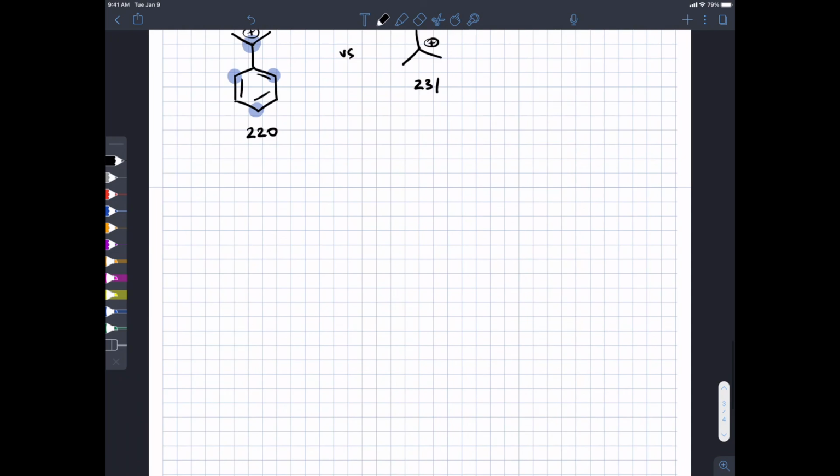Another interesting comparison is between this 7-membered ring. Why can't I do this? I'm usually very good at drawing a 7-membered ring. Versus this one.